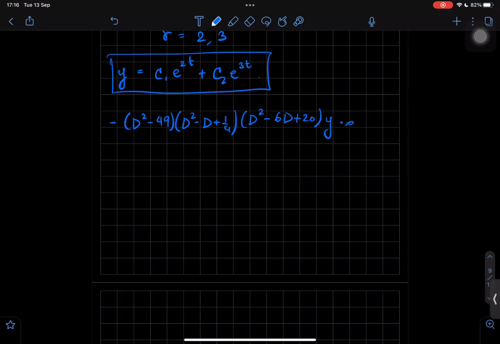If you write it like this, you know this one is already in the form of an auxiliary equation.